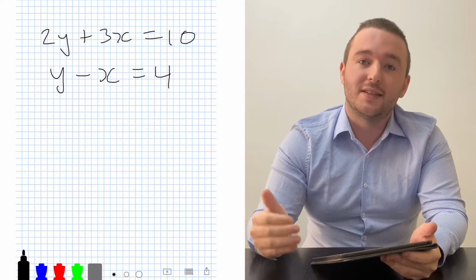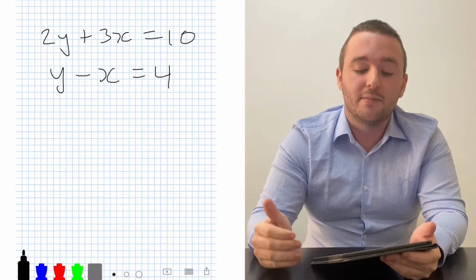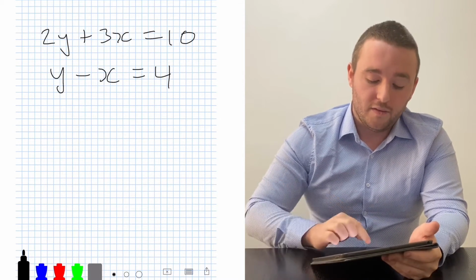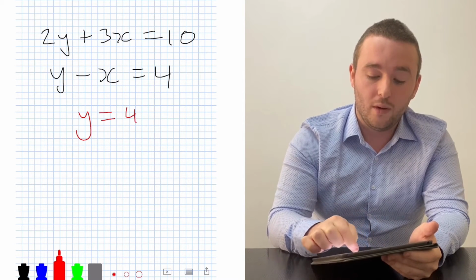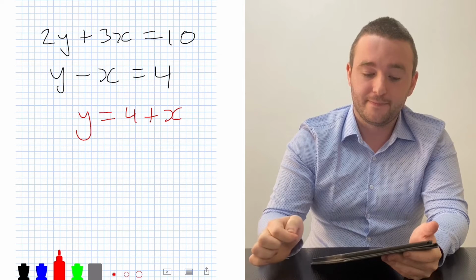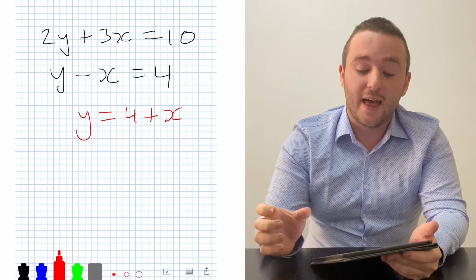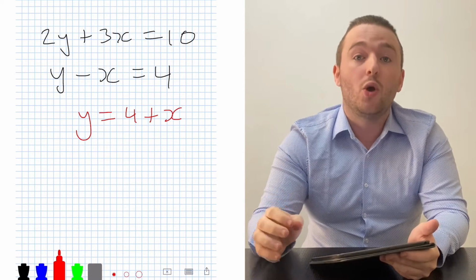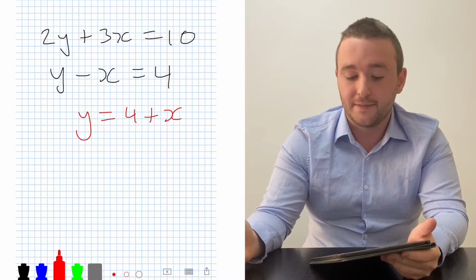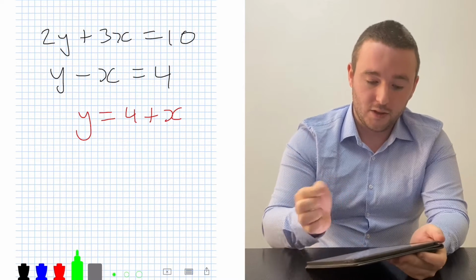In this case, the second equation looks a lot easier to make y equals. So if we add x to both sides, we get y equals 4 plus x. Now, if we take that y, we can replace the y in the other equation with what y is equal to, 4 plus x.